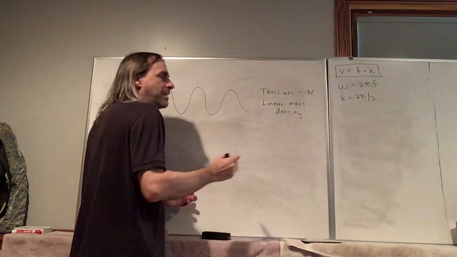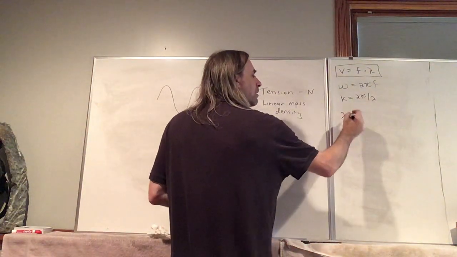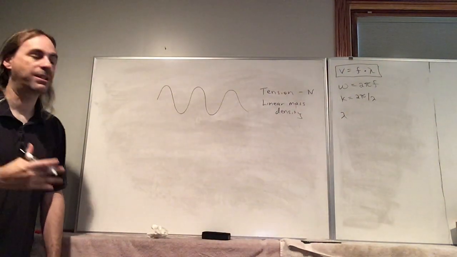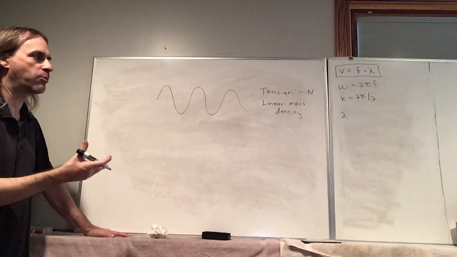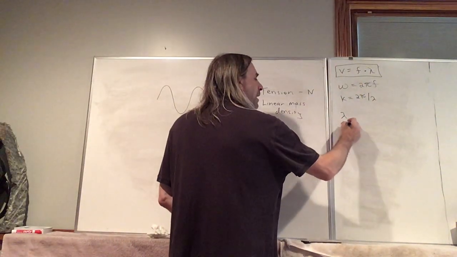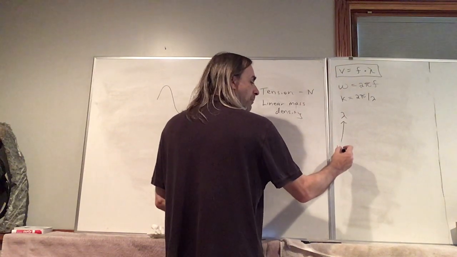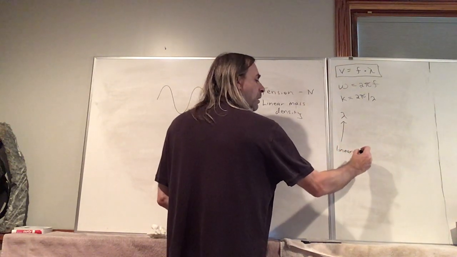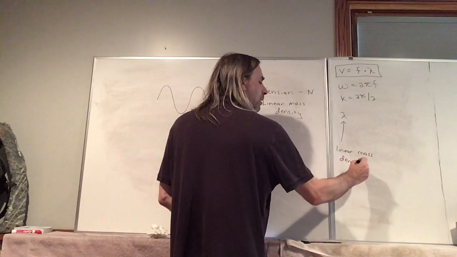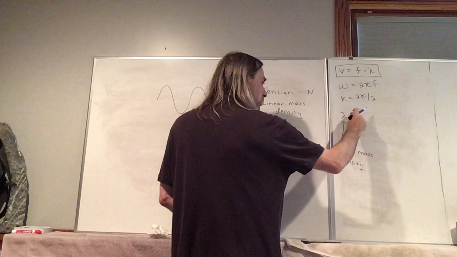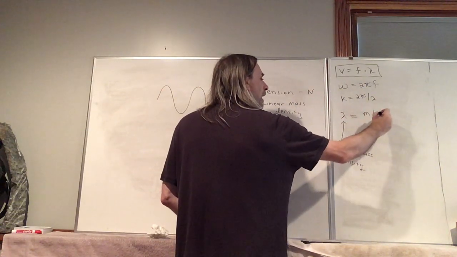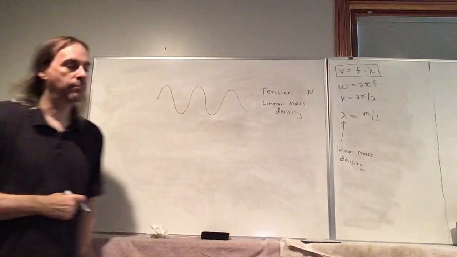Now what is linear mass density? We use lambda for mass density. Linear mass density, kind of unfortunate because we're using that for wavelength, but we can always tell from the context which one we're talking about. So this is the linear mass density, and we say that's defined as the mass over the length.